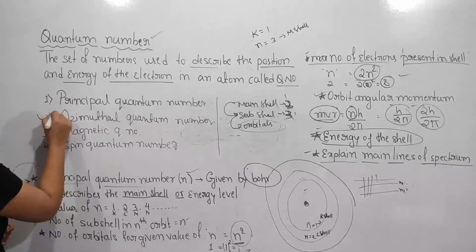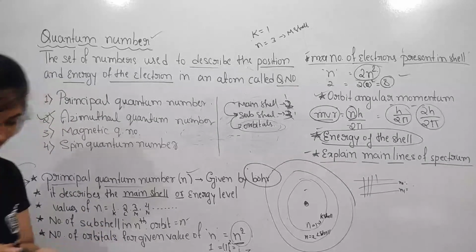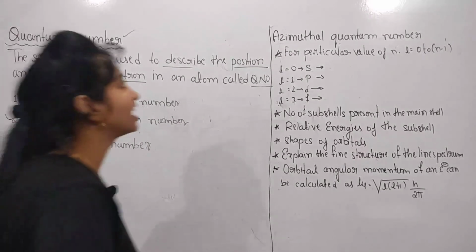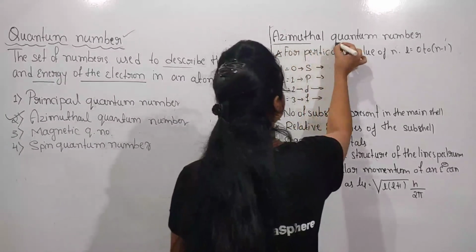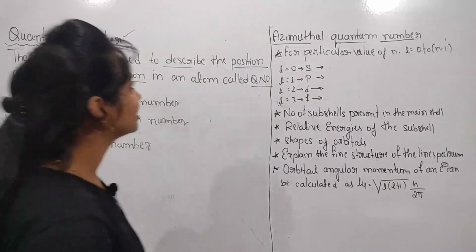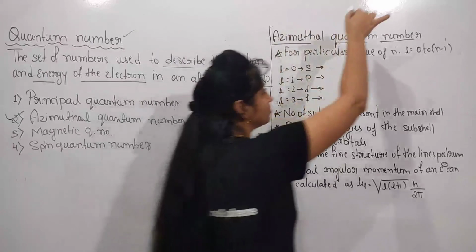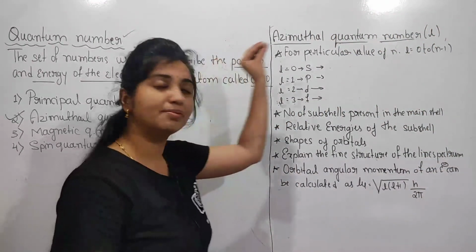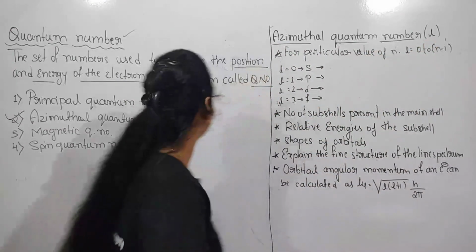Next one is our azimuthal quantum number. See here guys, what information the azimuthal quantum number gives us about the electron. The azimuthal quantum number is denoted by small l.